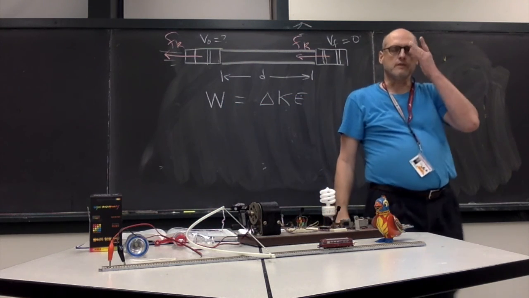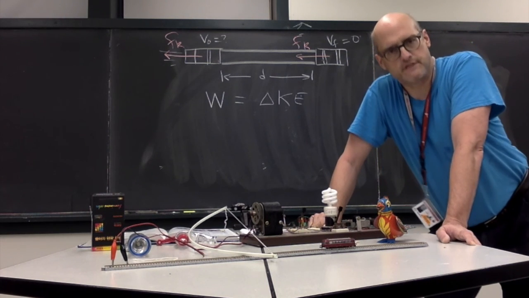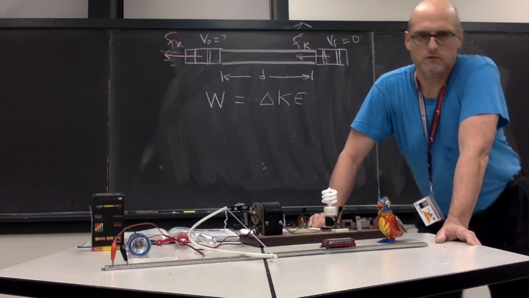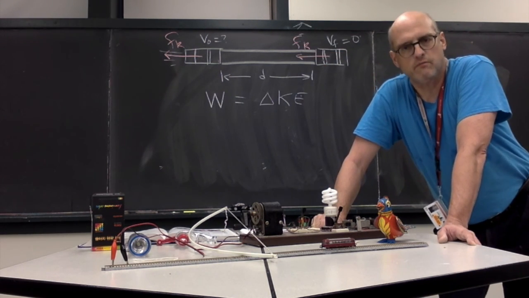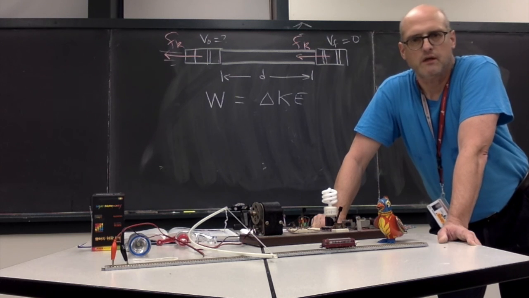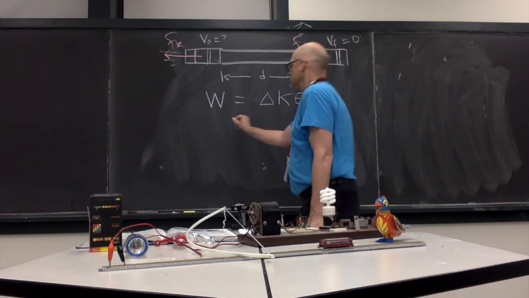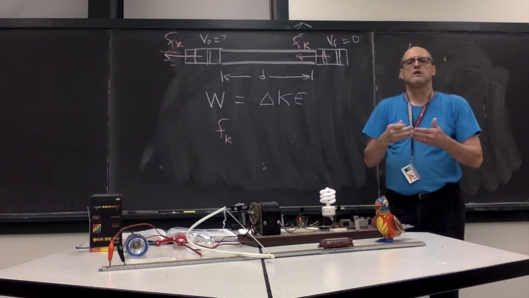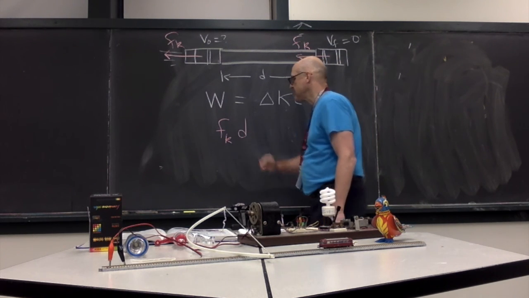Now, recall we learned something interesting about kinetic friction. It tends to be independent of speed. So if you're doing an accident investigation, you want to know whether this car was speeding or not, you can assume that the force of kinetic friction is relatively constant. So Fk is what's doing the work over a distance d.